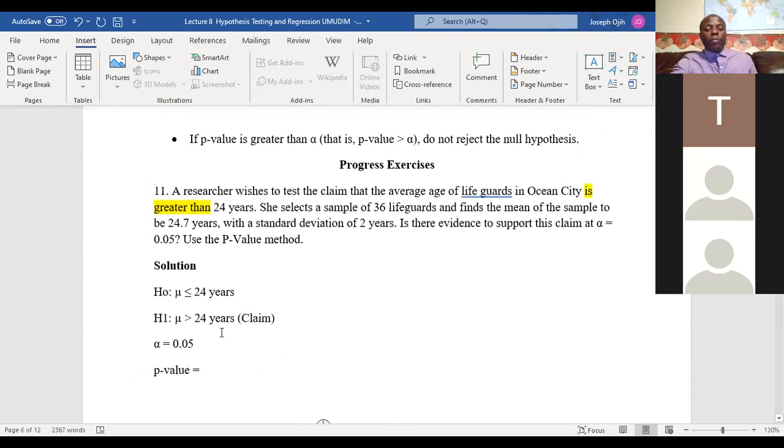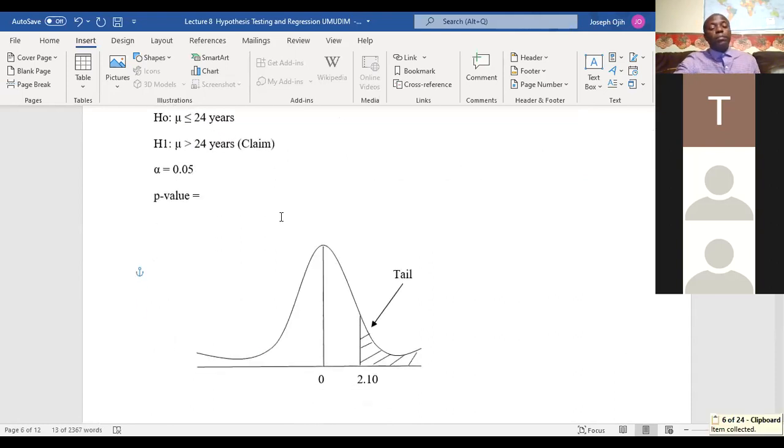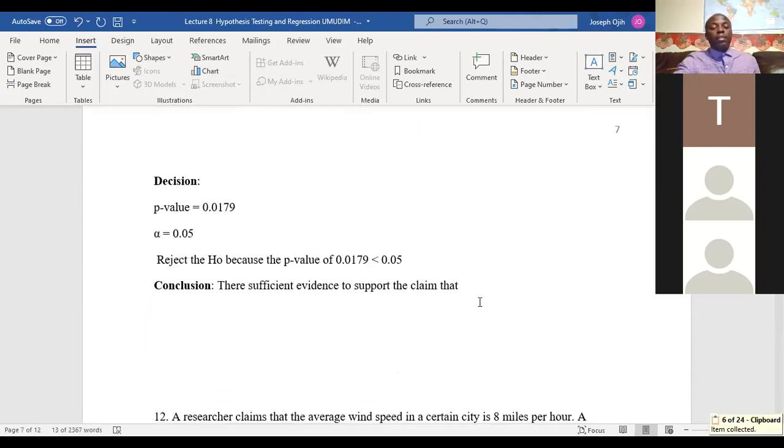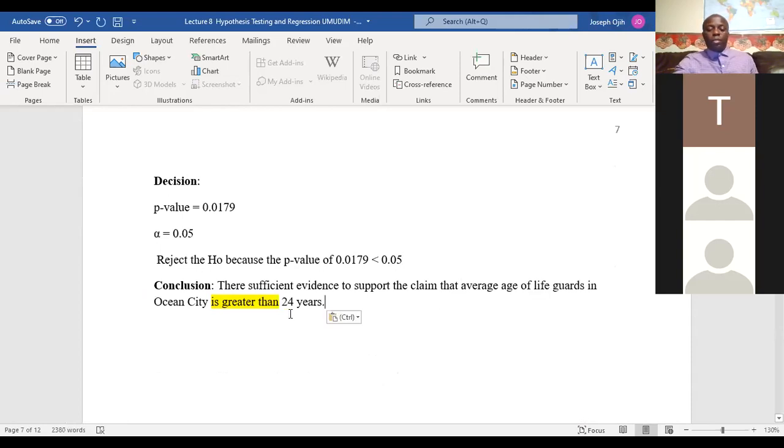That the average age of lifeguards in the cities is greater than 24 years. Right here. So that's the average is greater than 24 years. Questions? Any question?